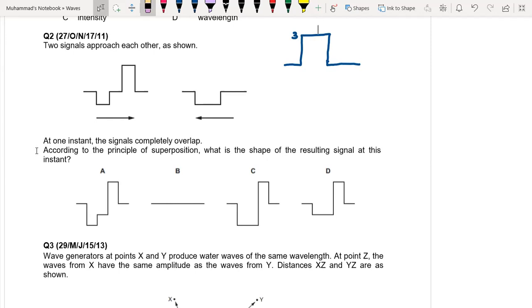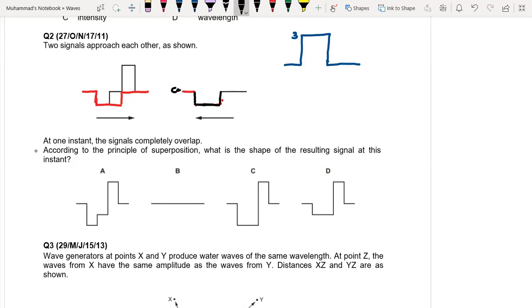Okay. So for example, if I completely overlap these waves, then this part of the wave will be like this. And this is the complete overlapping of these two waves. Up till this point, this is the central value, and from the center to the lower side.